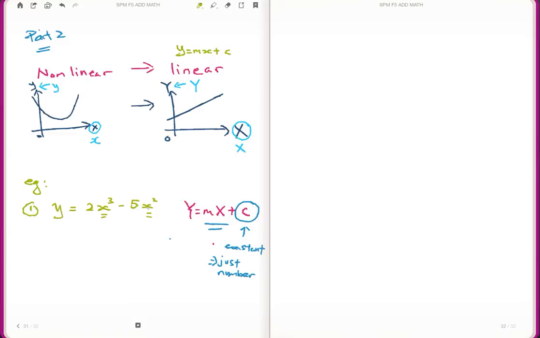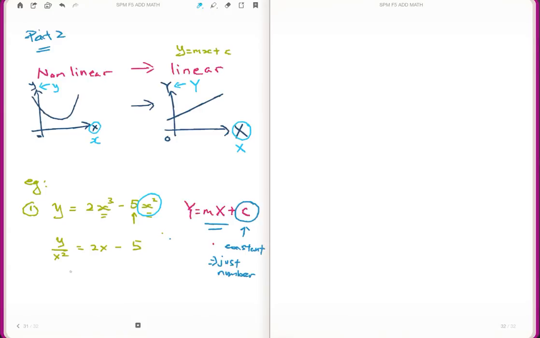So you may divide both sides with x squared. You want 5 to be my constant, so divide both sides with x squared. So therefore, y over x squared equals 2x minus 5. I divide both sides with x squared because I want to make this term a constant number.